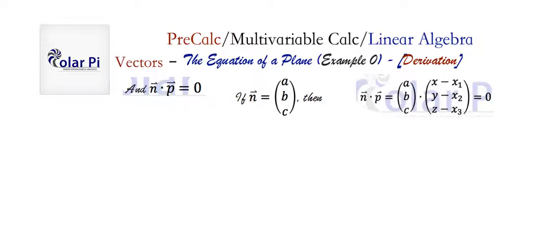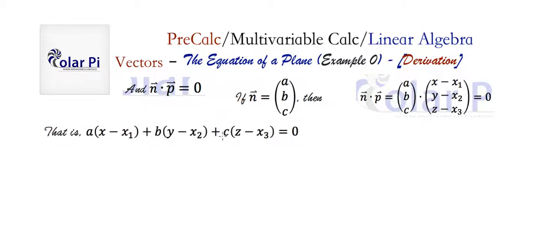Performing the dot product, that is multiplying A with x minus x1, and then B with y minus x2, and C with z minus x3, we know that the sum of those products will have to equal 0.